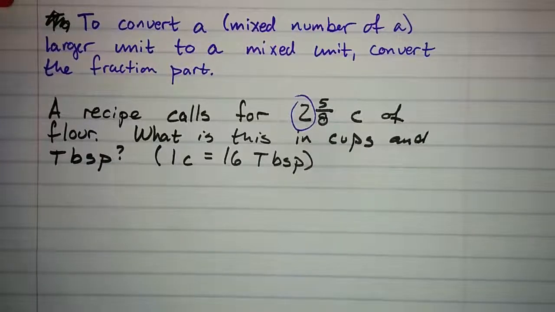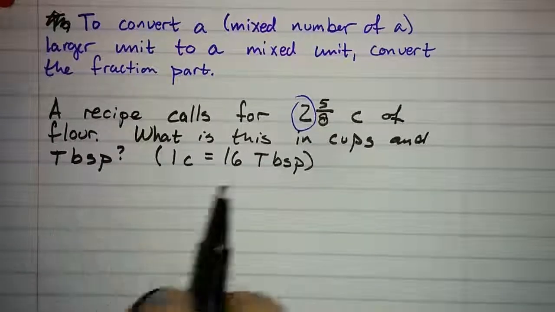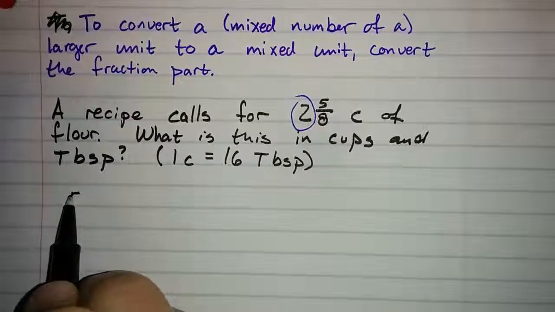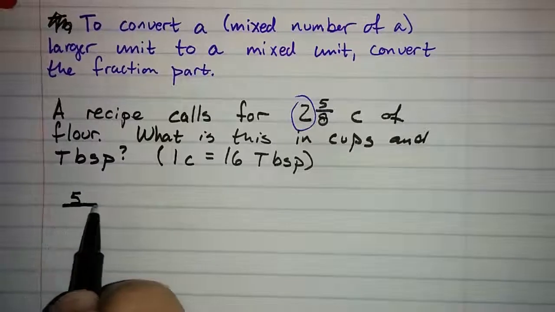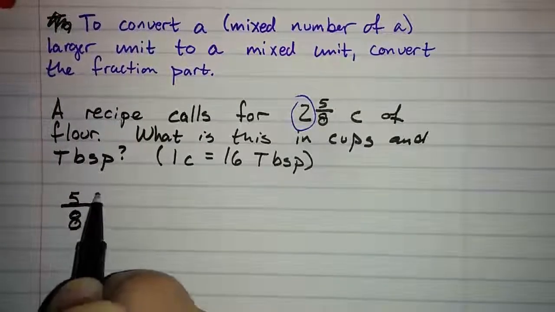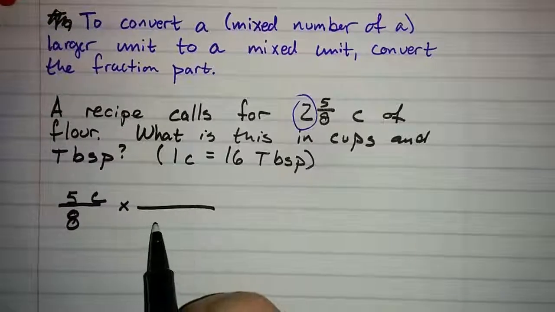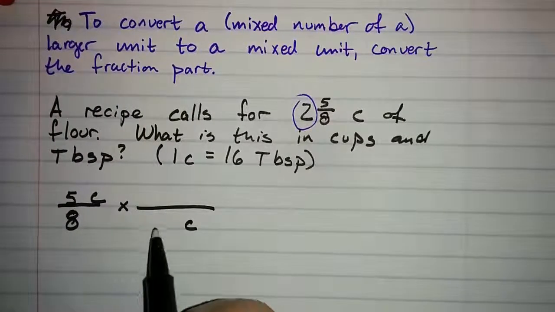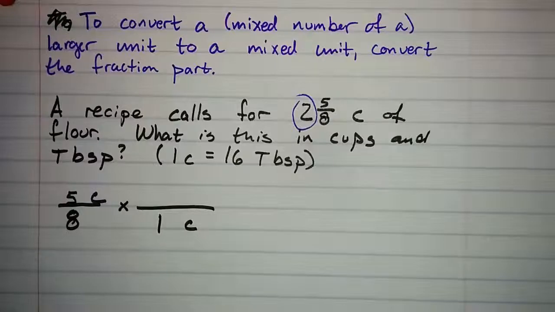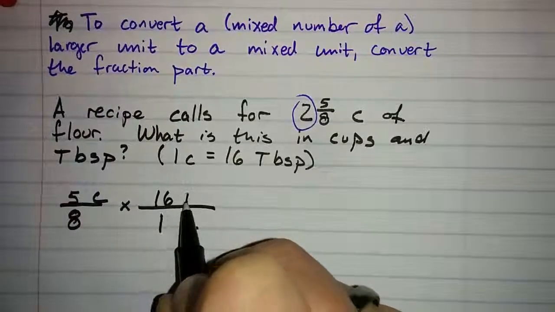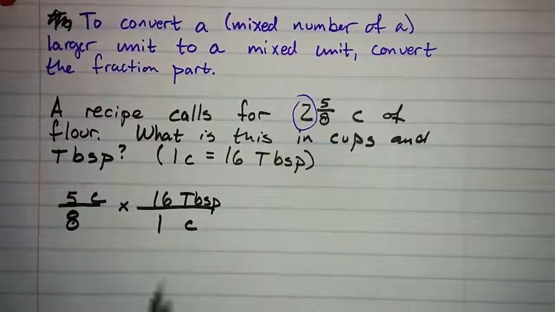So I'm just going to take my 5/8 cup, and I think it's going to work nicely to write this as 5/8 cup times, I want to get rid of cups, so I'll have 1 cup in the denominator, 16 tablespoons in the numerator.